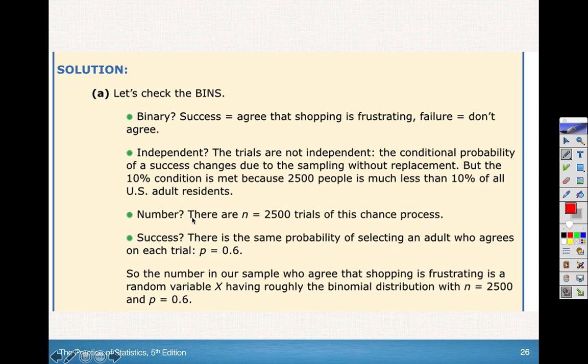There are 2,500 fixed trials, and there is the same probability of selecting an adult who agrees, so a fixed probability of 0.6. So the number in our sample who agree that shopping is frustrating is a random variable x. It is binomial, 2,500 and 0.6.